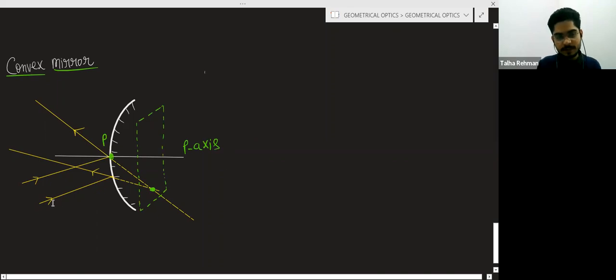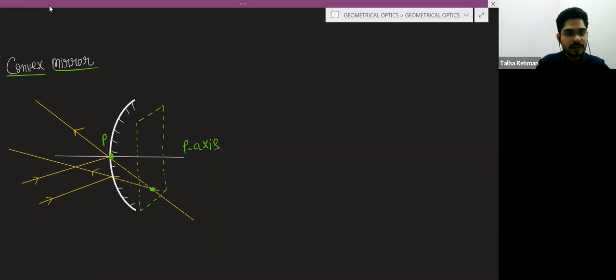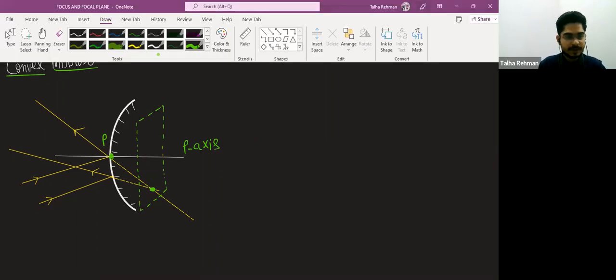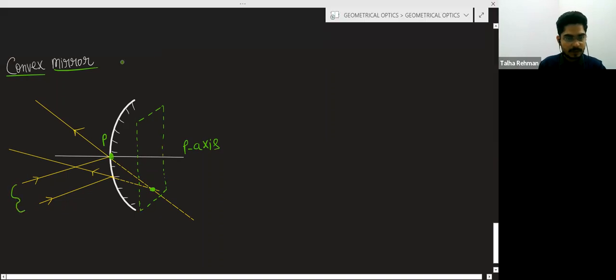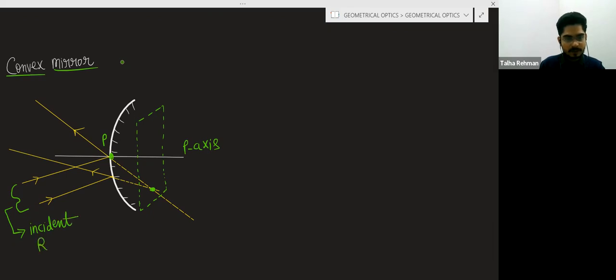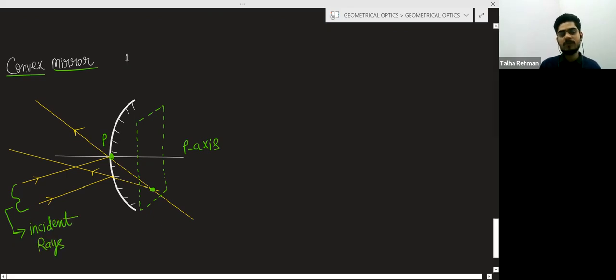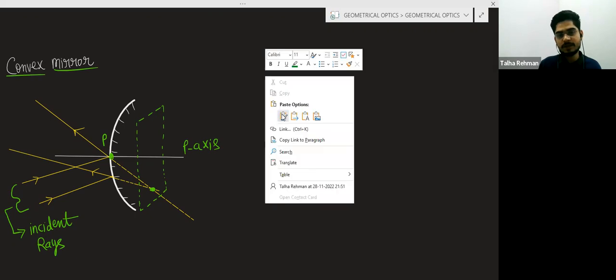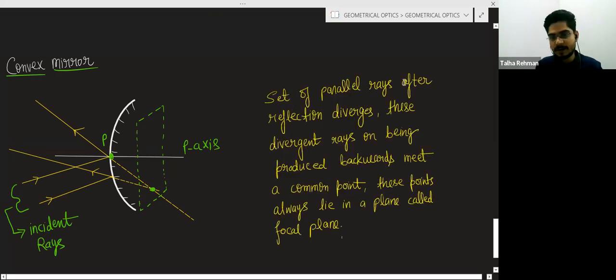Whenever there are parallel incident rays, after reflection the rays diverge.